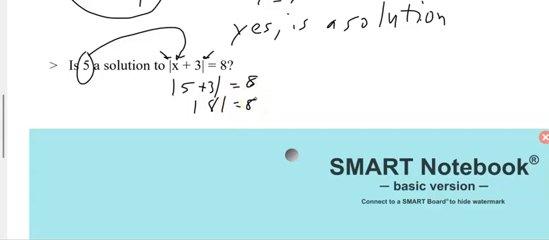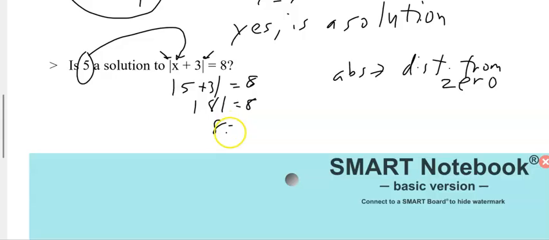Then we ask ourselves, what is the absolute value of 8? Remember, absolute value is the distance from 0. So how many spaces is 8 away from 0? Well, that's 8 spaces. So that's a check. Yes, it is a solution.